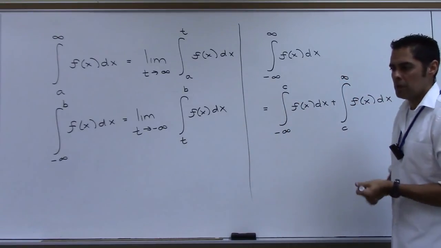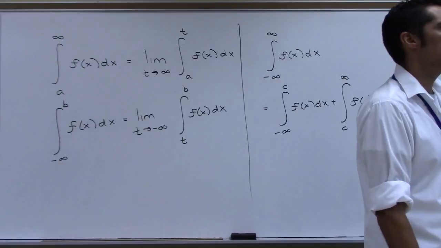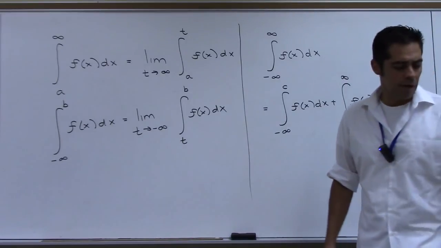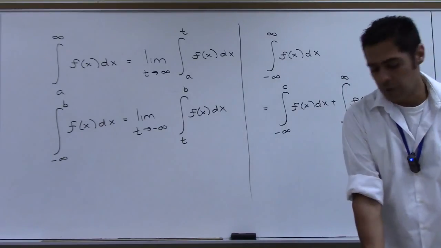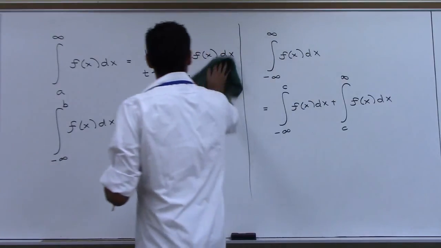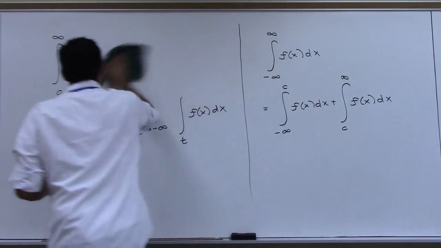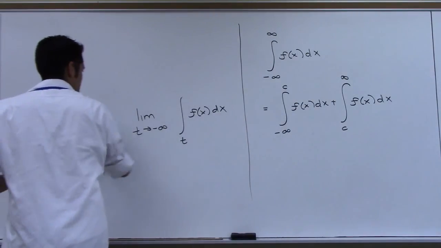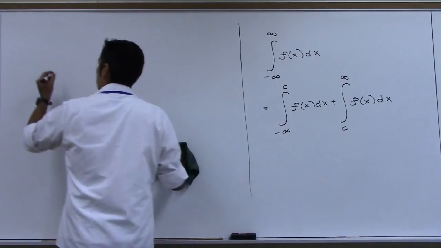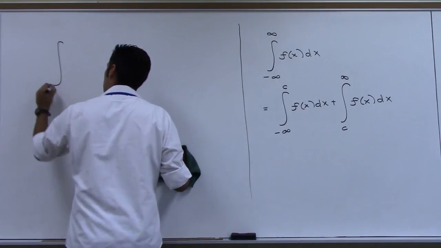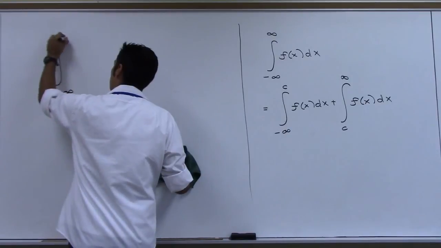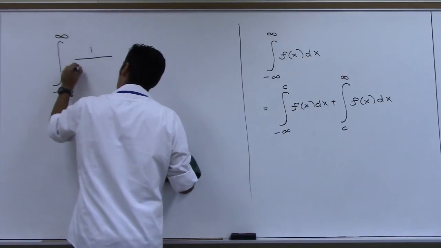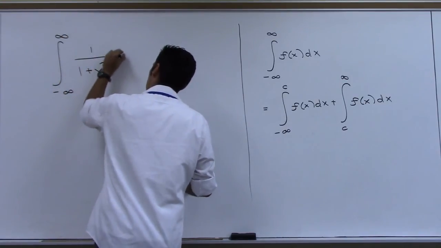All right, so let's pick up with some examples here. Number 3, I really like number 3. This will be the first time we've seen one like this. So we have the integral from negative infinity to infinity of 1 over 1 plus x squared dx.